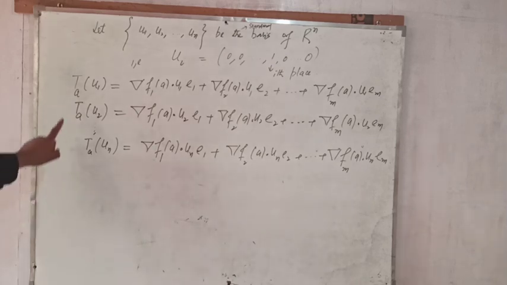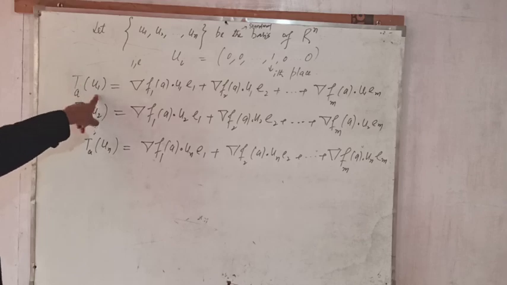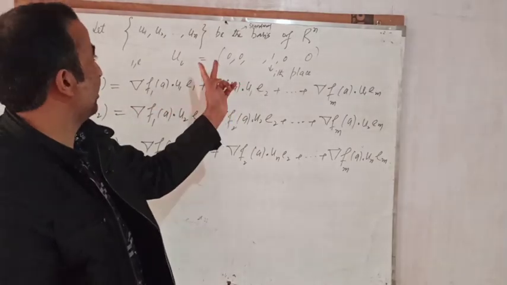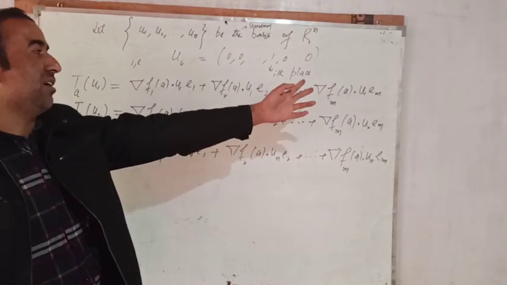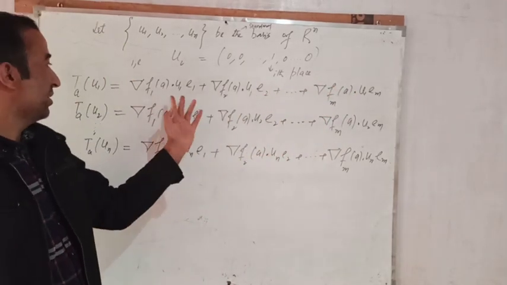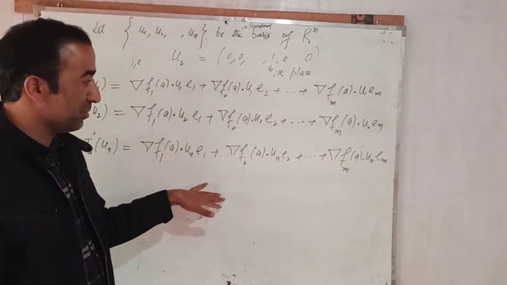We can see T at A U1 is trivially a linear combination of all these Ei's, where the Ei's are a basis of Rm. It trivially becomes a linear combination.